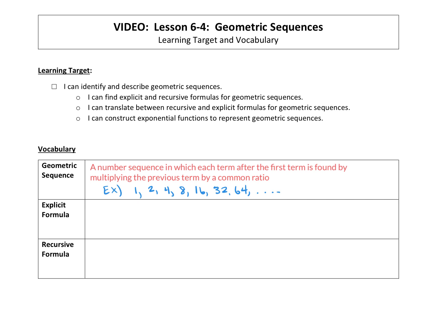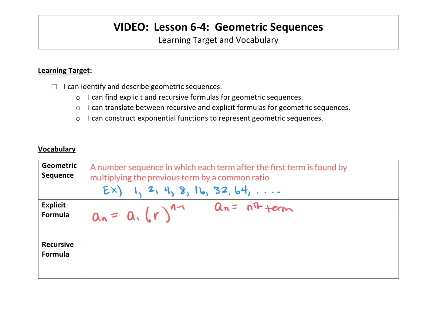This first form is called an explicit formula. a sub n equals a sub 1 times r raised to the n minus 1 power. Let's define what all that means. a sub n is the nth term.